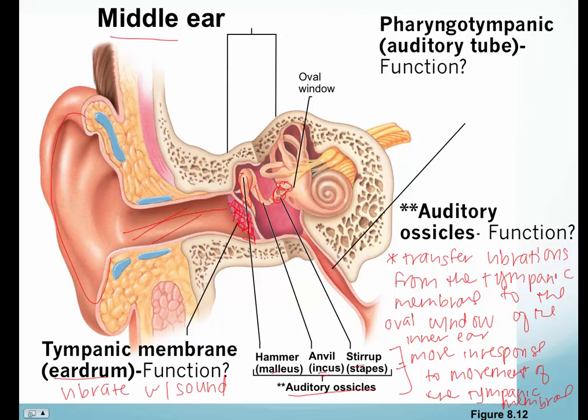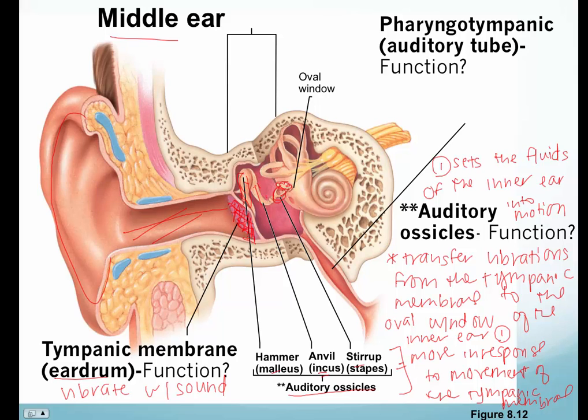As we move these ossicles, in turn we're going to move this oval window of our inner ear, and that in turn sets into motion all the fluid found within the inner ear. I'm going to put a number 1 over here and continue writing that here. So it's going to set the fluids of the inner ear into motion.